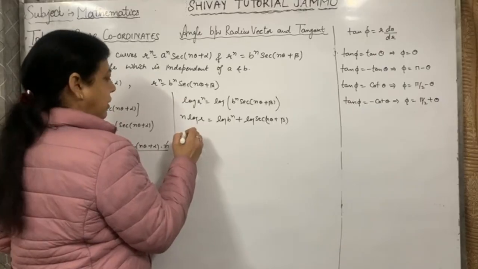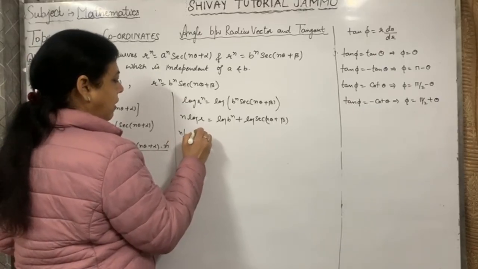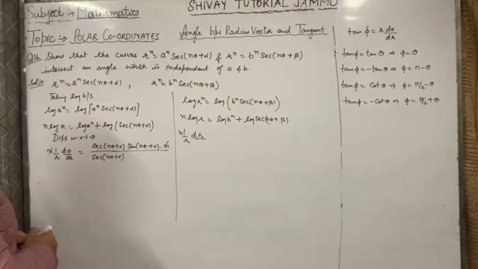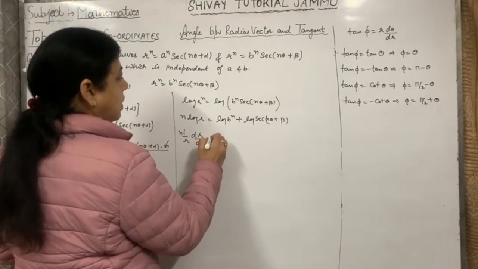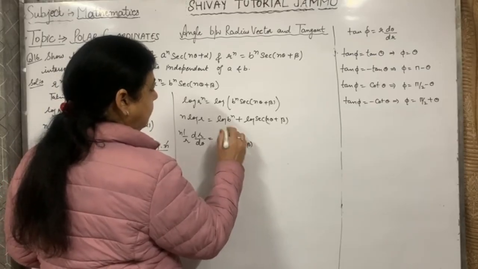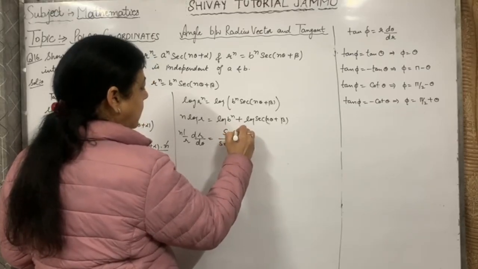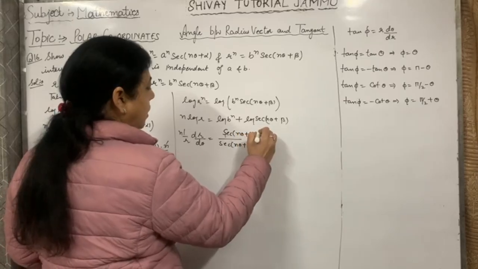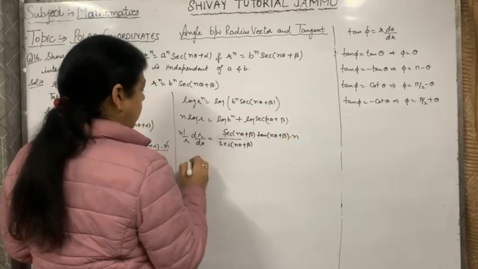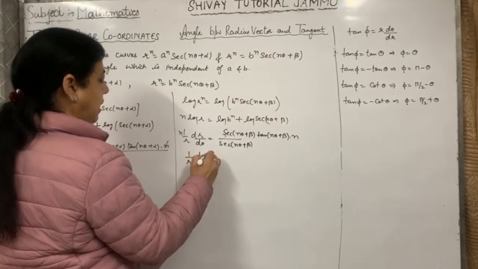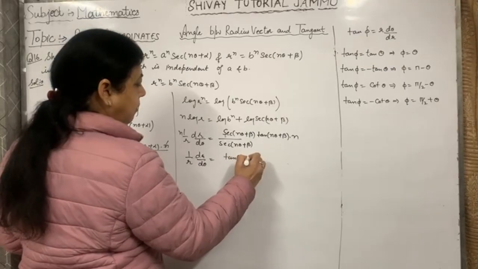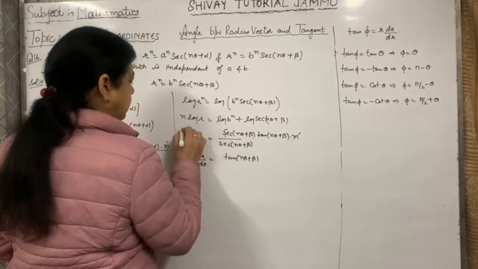Differentiate with respect to theta: n into 1 by r dr by d theta is 1 by sec n theta plus beta, and differentiation of sec is sec n theta plus beta tan n theta plus beta into n.